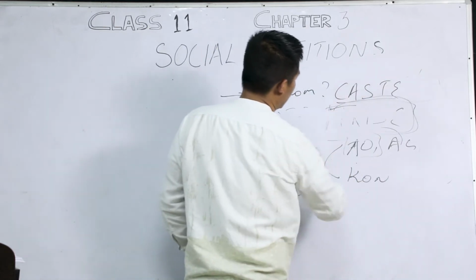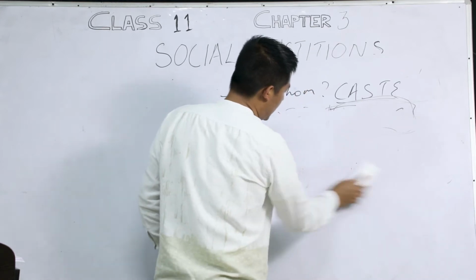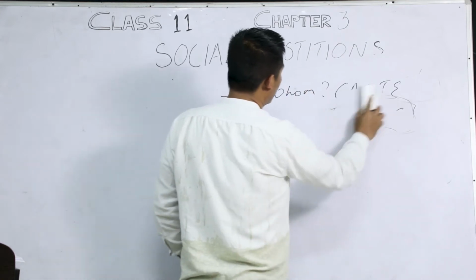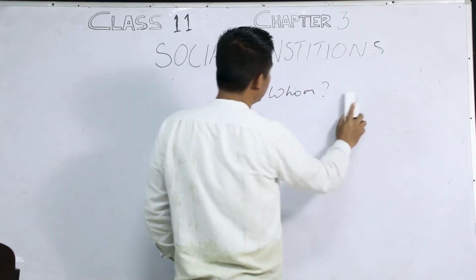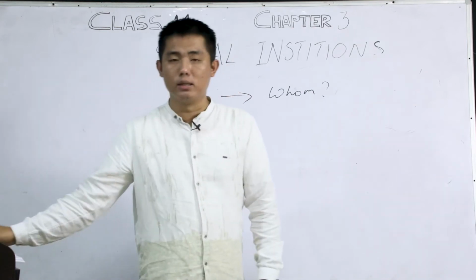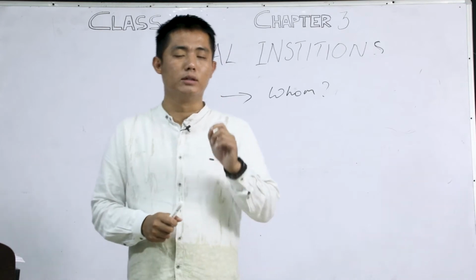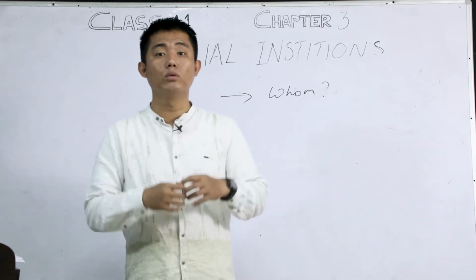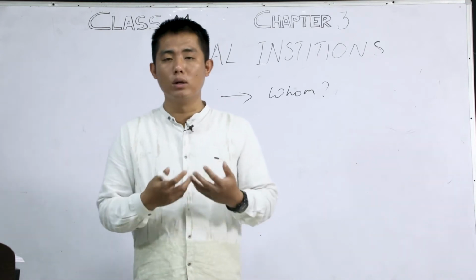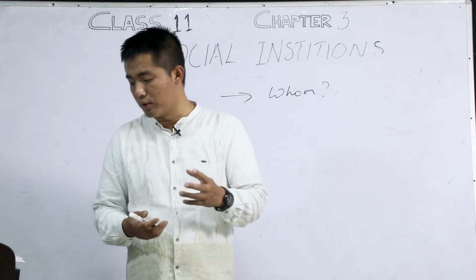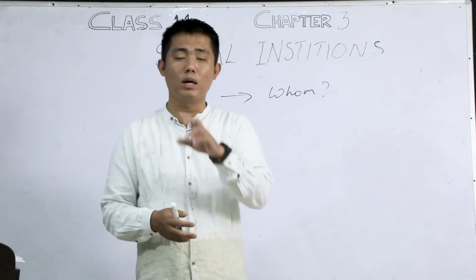Exogamy is a rule of marriage where an individual can only marry outside the group. The first one was within the group, the second is outside the group.